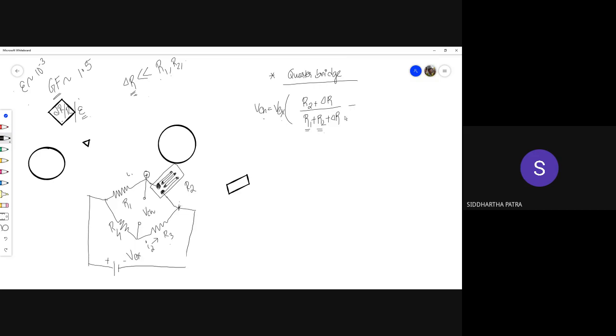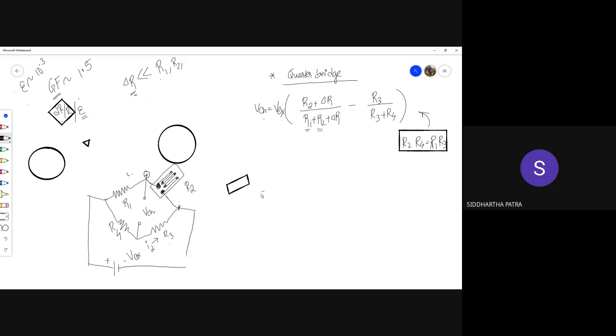And then this side remains the same. And from the balanced condition, this is true: R1, R3. This needs to be substituted at a later stage.